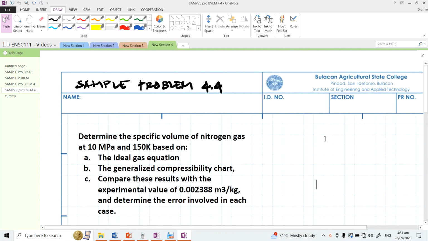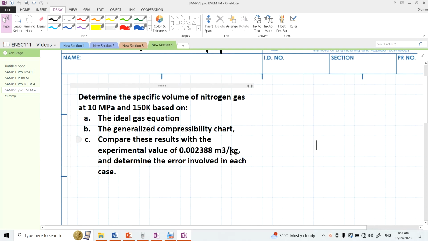Okay, so for the next sample problem, it says here: determine the specific volume of nitrogen gas at 10 megapascals and 150 Kelvin based on letter A, the ideal gas equation, letter B, the generalized compressibility chart, letter C, compare these results with the experimental value of 0.02388 cubic meter per kg, and determine the error involved in each case.